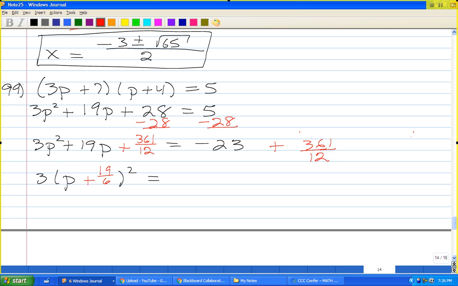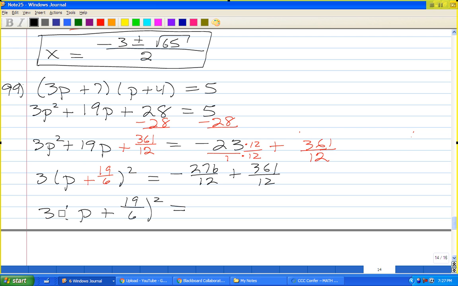So let me multiply and divide by 12. 12 times 23 is 276. 361 minus 276 is a positive 85.